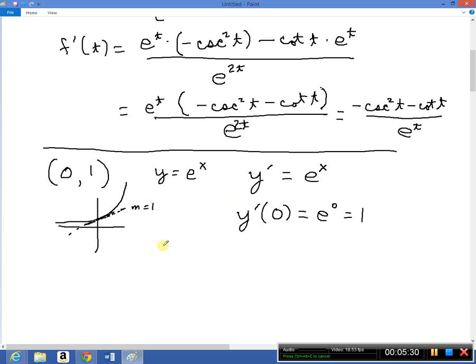And then we can just write the equation: y minus the y value equals m times x minus the x value, x minus 0. So it's pretty clear that y equals x plus 1 is the equation of that line. And that's it for quiz 12.